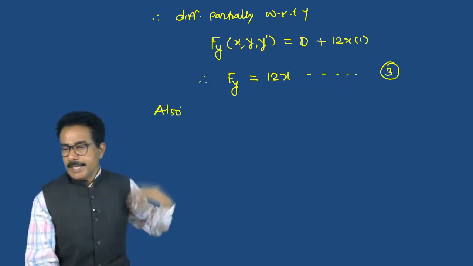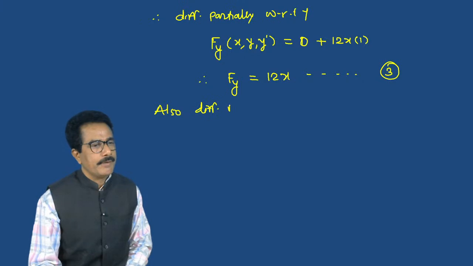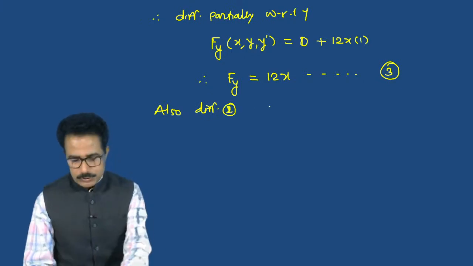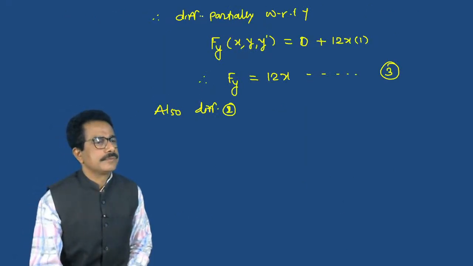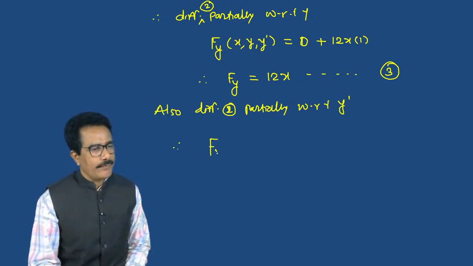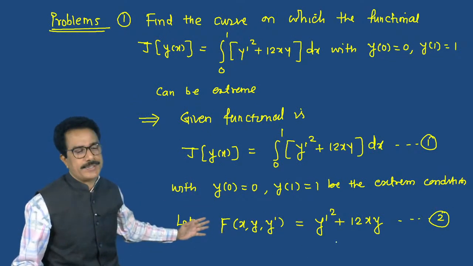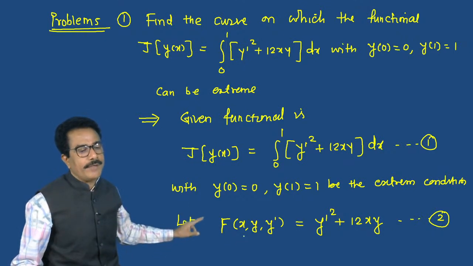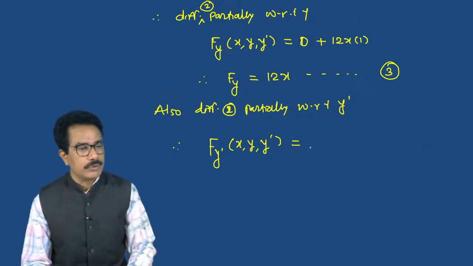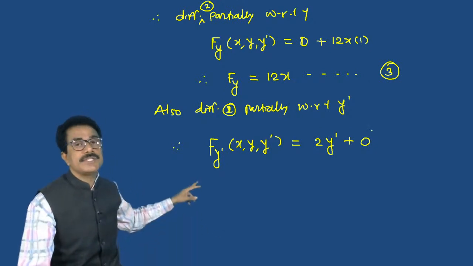Also, we have to calculate f suffix y dash. Differentiating equation 2 partially with respect to y dash, f suffix y dash of x comma y comma y dash is the derivative of y dash square, which is 2y dash, plus the remaining term 0, because we are differentiating with respect to y dash.